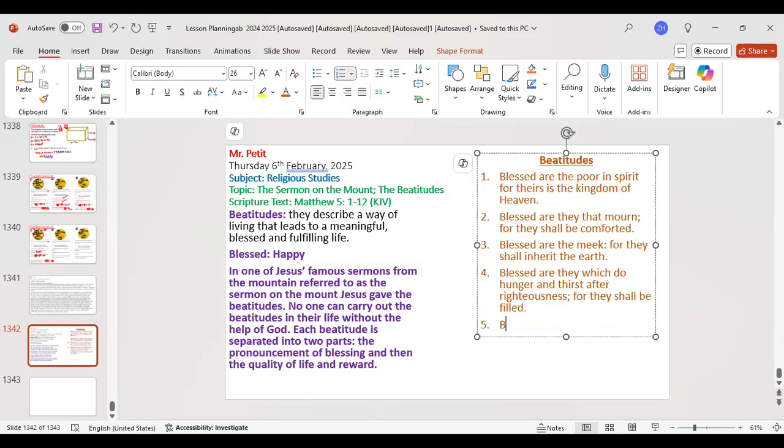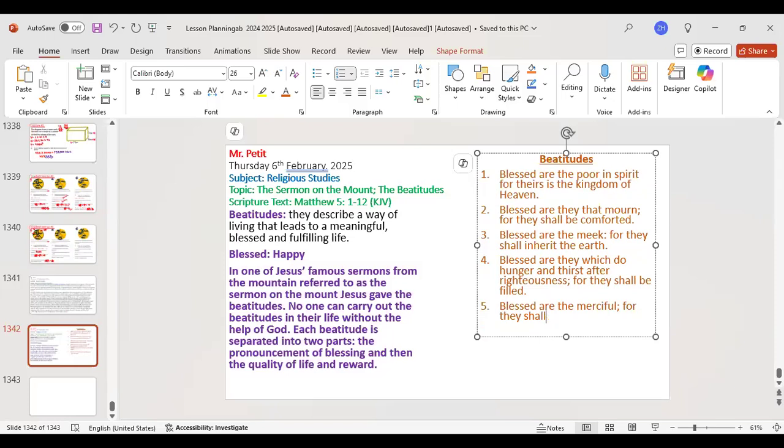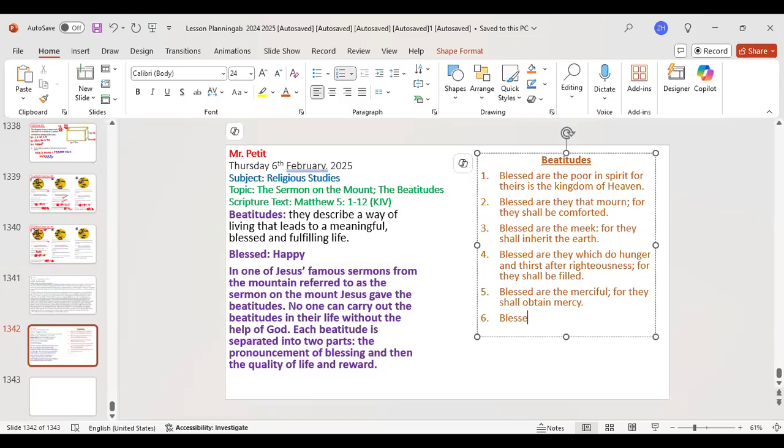Number five, blessed are the merciful, for they shall obtain mercy. Number six, blessed are the pure in heart, the pure in heart.